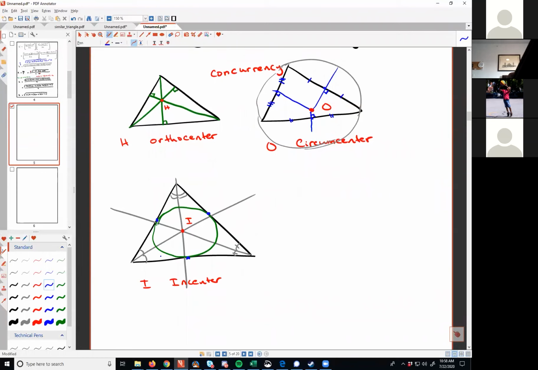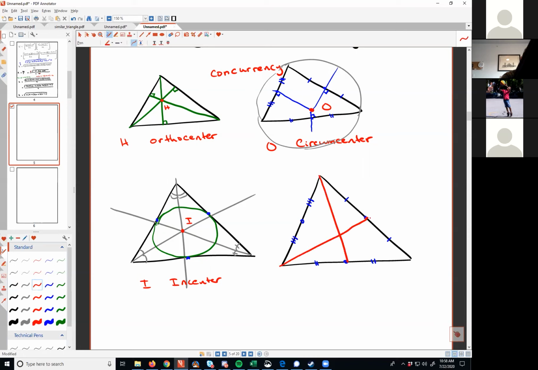So we've got Incenter, Orthocenter, Circumcenter, and earlier somebody mentioned our fourth one. If we identify the midpoints, and we draw the medians.